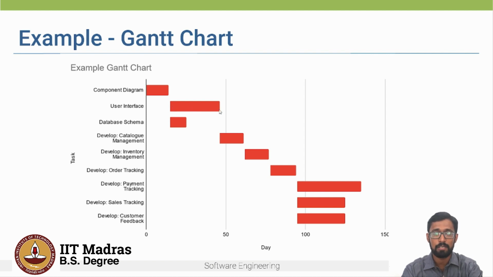User interface takes longer than the database schema. Here we see that these three modules, the catalog management, inventory management, and order tracking, can happen only one after the other. But once order tracking is done, payment and sales and customer feedback all can happen in parallel. These representations provide the software manager as well as all the members of the team a visual representation of how the project is scheduled and what the different tasks are which need to be done.